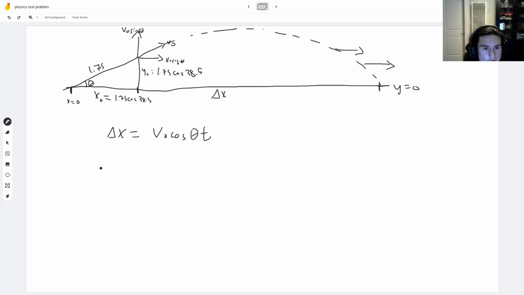Now I'm going to be looking at the final y position, which I'll just say y final, yf. This time I am going to take the y initial into account.